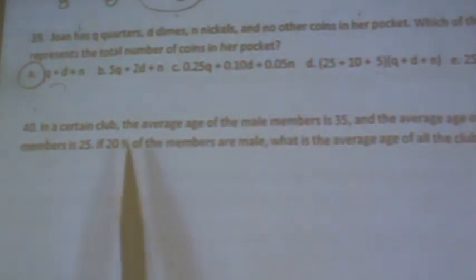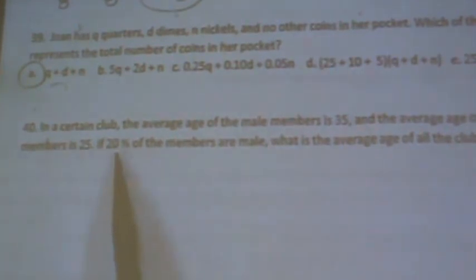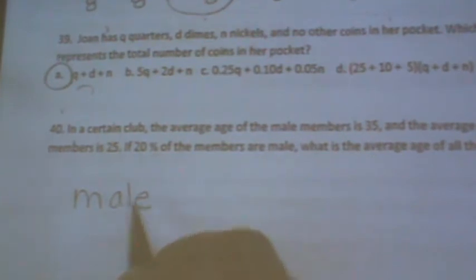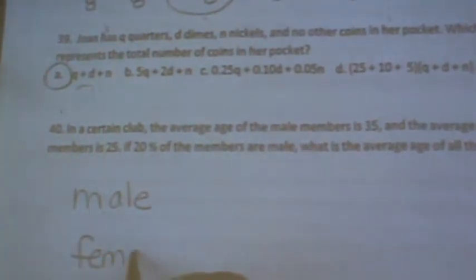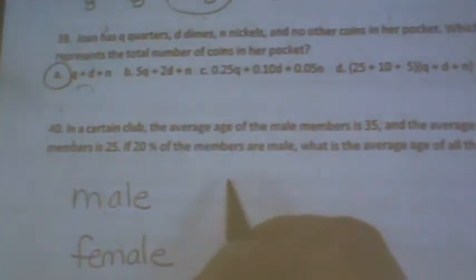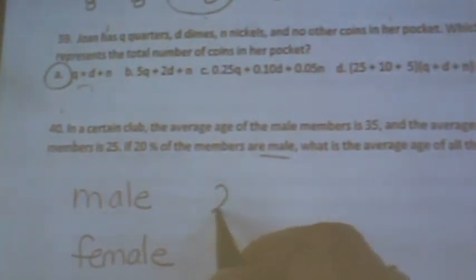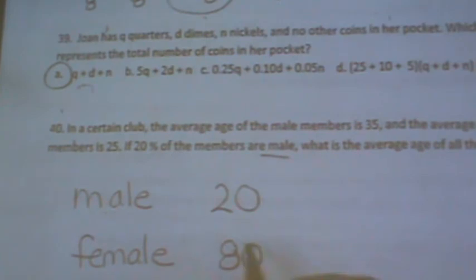Out of this population, 20% of the members are male. So if we were talking about 100 people, how many of those 100 people would be male? 20. I'm using a round number. If 20% are male, we're talking 20 are male, and 80 would be female.